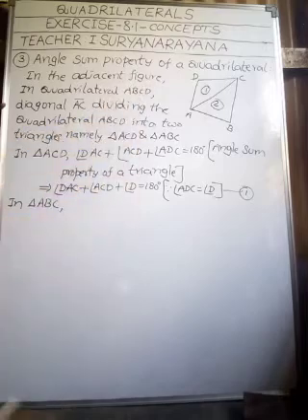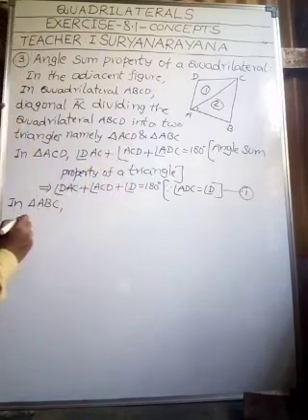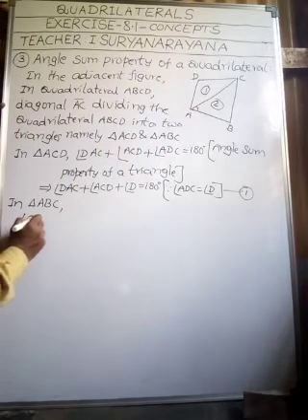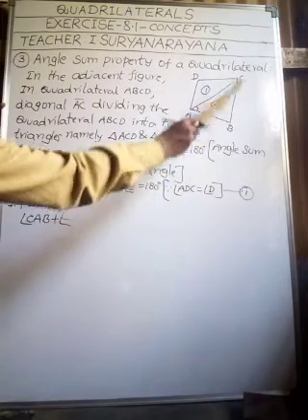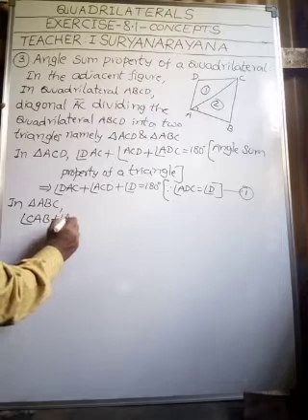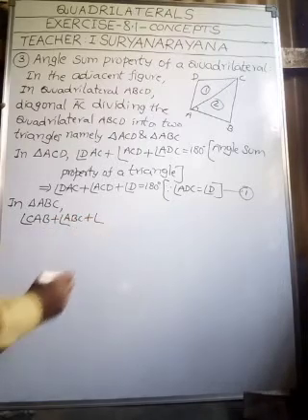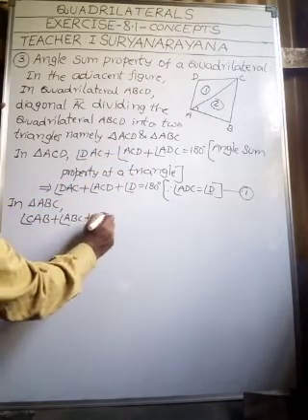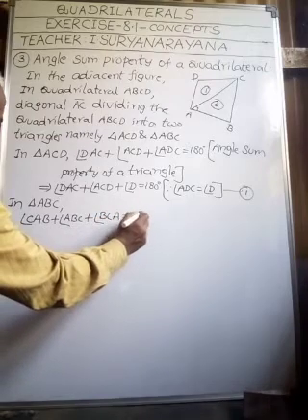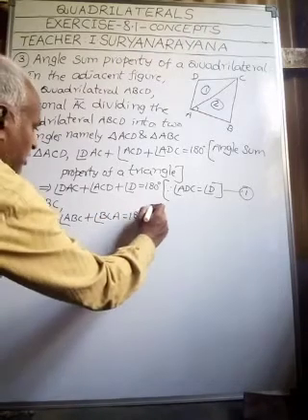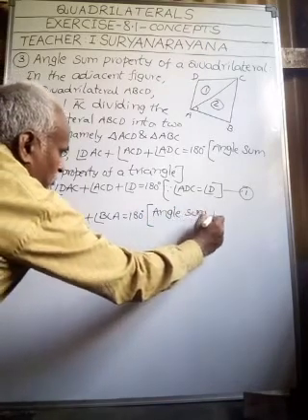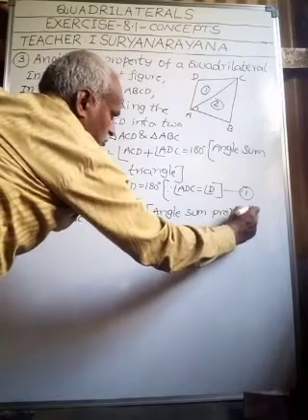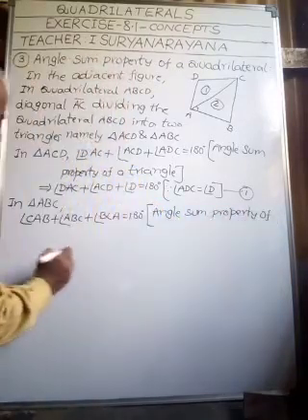So angle CAB plus angle ABC plus angle BCA is equal to 180 degrees, because of the angle sum property of a triangle.